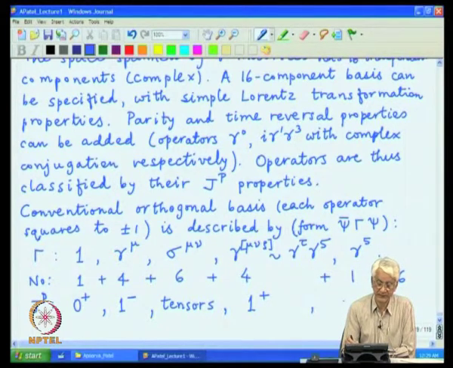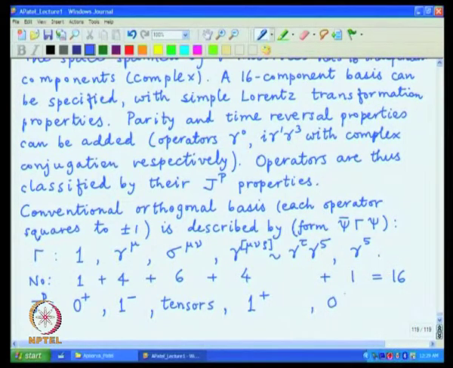And gamma phi we already dealt with. It does not transform under S, but its parity is negative. So, it behaves like a pseudo scalar, and these abbreviations are often used. So, it is S, V, T, A and P.